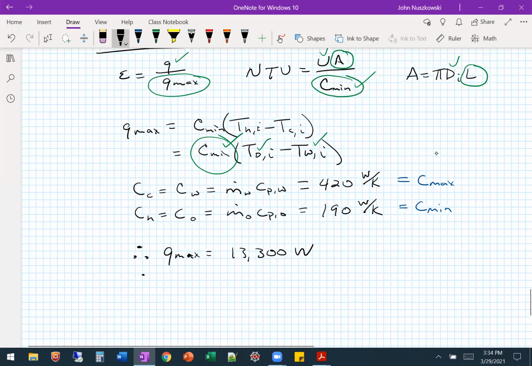So we get effectiveness, which ends up being 0.714, or 71.4% of that max, because from our earlier work we got Q, the actual heat that we're going to transfer. All right, so now we have effectiveness, now we need to get NTU. How do we do that?